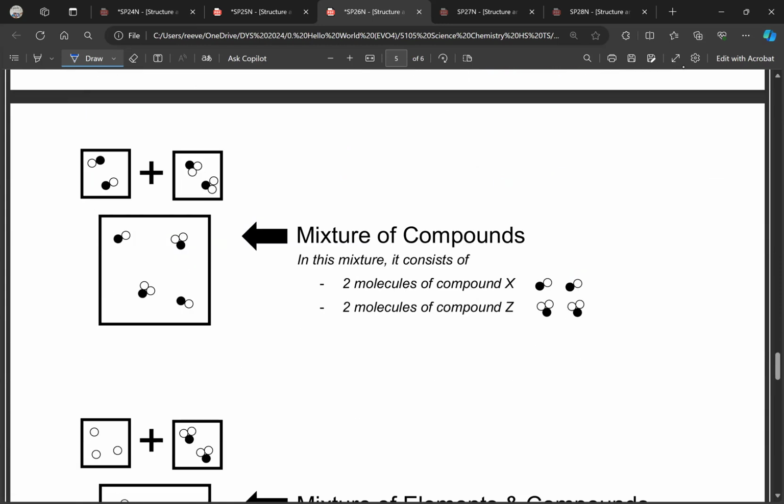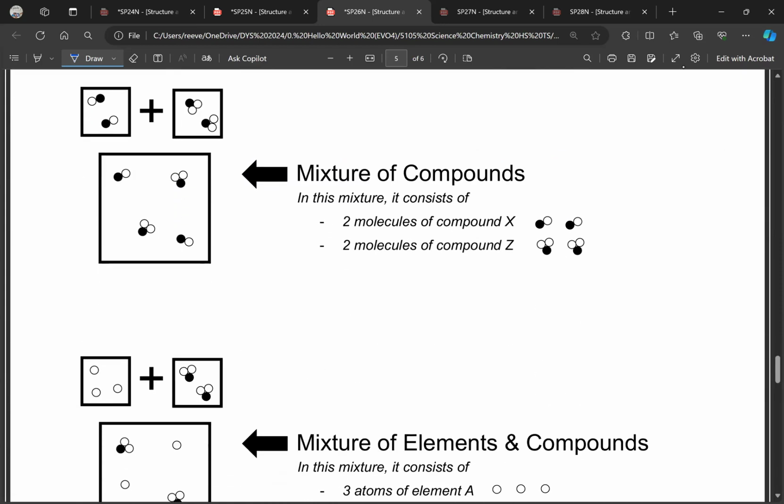Okay. Now I mix compounds. Just now I mixed elements. Now I mix compounds. So where do we spot the compound? This is a compound. You see? One black, one white, different ones joined together. So this is a compound.